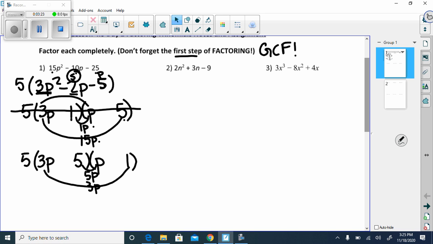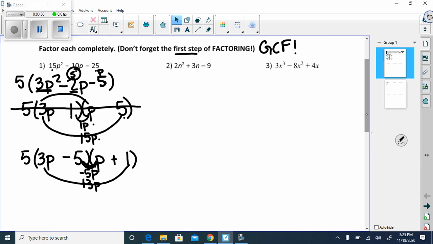There is a way for me to add 5p and 3p and get negative 2p. I would just need the 5 to be negative and the 3 to be positive. Well, the 5p comes from these two pieces, meaning I would need to make the 5 negative. The positive 3p comes from the outside pieces, meaning that I would need to make that 1 positive.